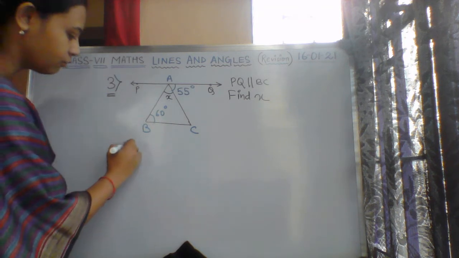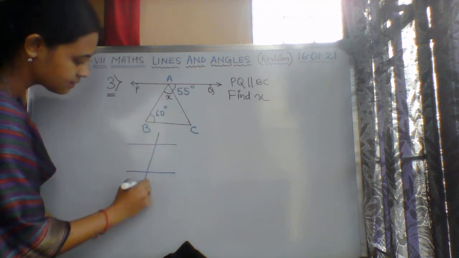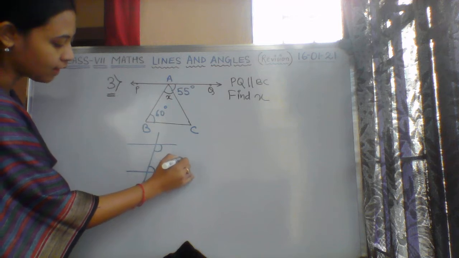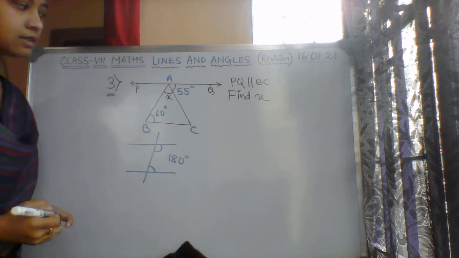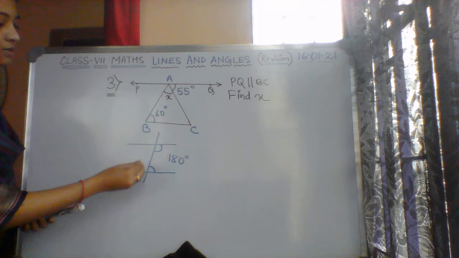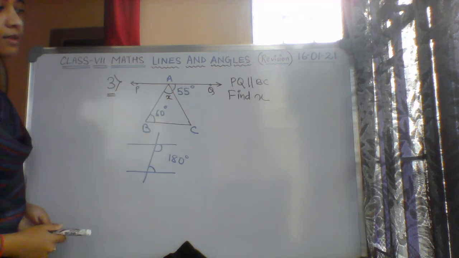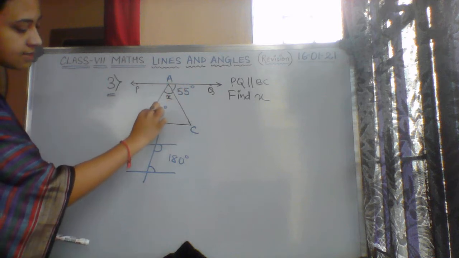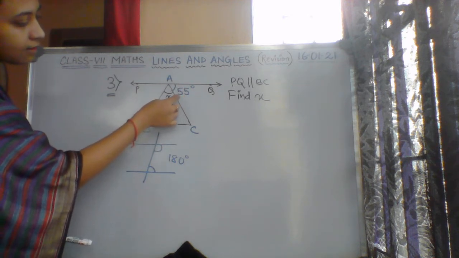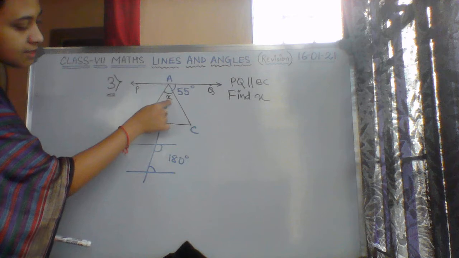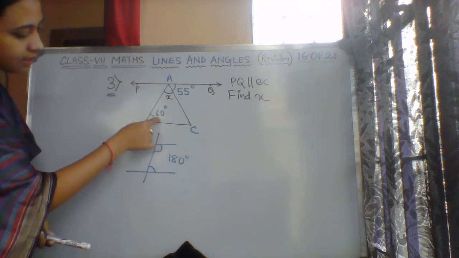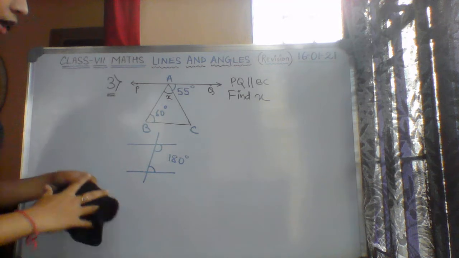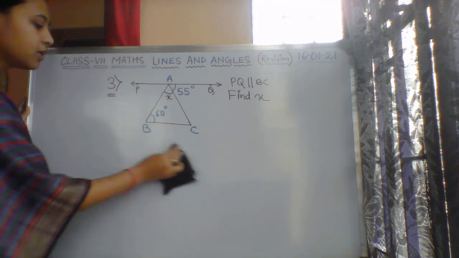You have learned that when there are two parallel lines and a transversal, if you add these two angles, you will get 180 degree. Similarly, put this in the given figure. Total angle 55 degree plus x plus 60 degree should come to 180 degree. So there are various ways to solve this, and you can use any one of the methods.